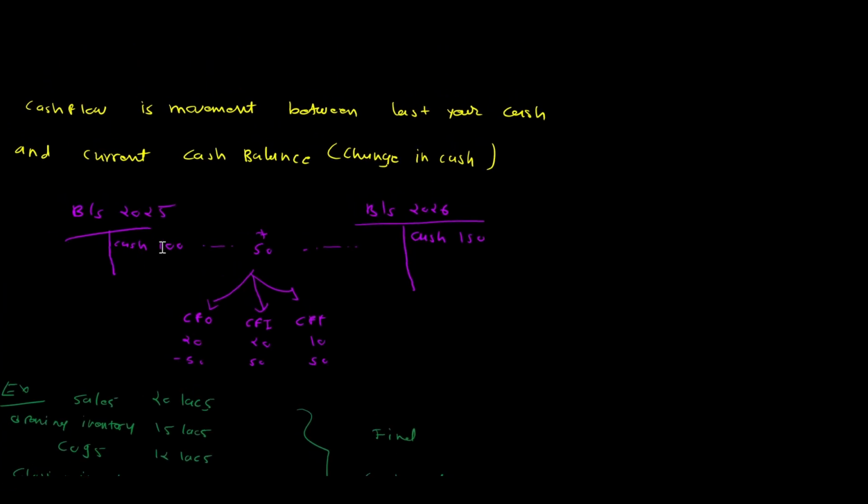For example, if the company has a cash balance of 100 in 2025 and 150 in 2026, then the cash flow statement is not for this 150 or this 100, it's the 50 of the difference between these two. It could be from operations, investing, and financing. This 50 is our cash flow statement.